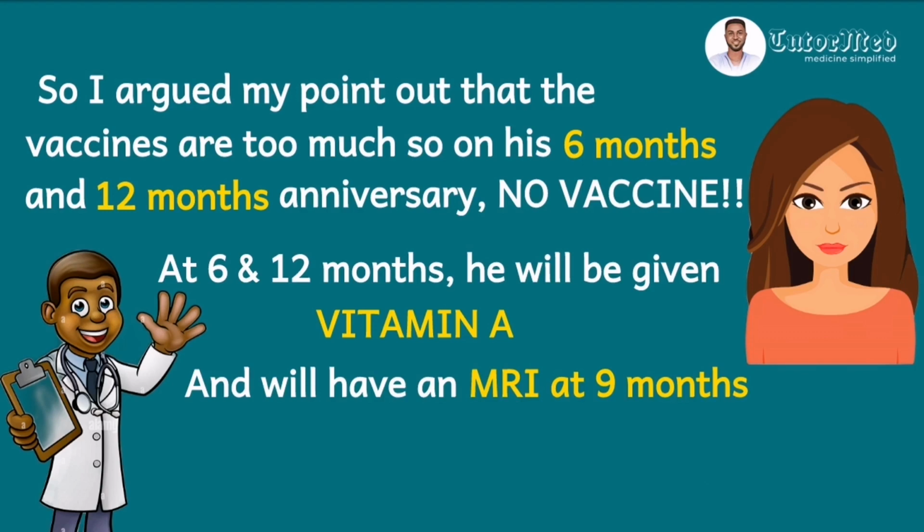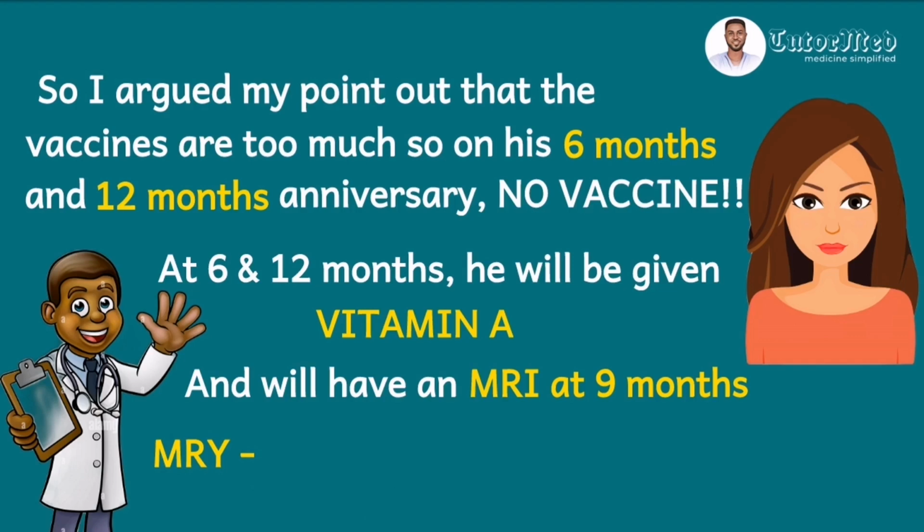Now, this particular narrative tells us that at age 6 and 12 months, no vaccine is given according to the EPI in Ghana, only vitamin A. So at 6 months and 12 months, no vaccine, only vitamin A. Now, she mentions that the doctor said the baby will have an MRI done at 9 months.